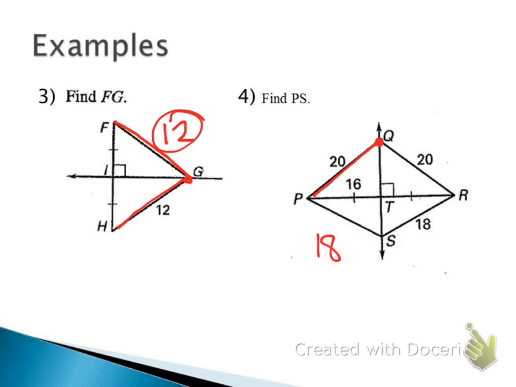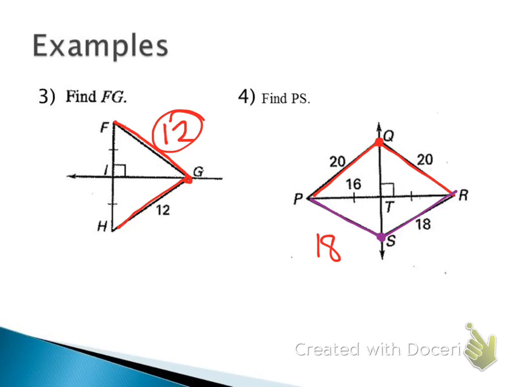So Q's equidistant to P and R. And S is also on the same perpendicular bisector, so S is the same distance to P and R. Kind of cool, right? It's like 2 problems in one. Any questions? It was a 2-for-1 sale. That is correct. Are we good?